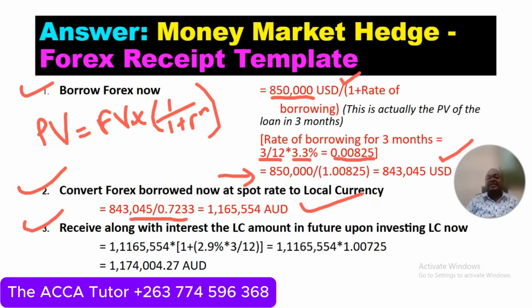What we are simply saying is that we know we're going to receive this amount of 850,000 in US dollars in 3 months, but we need to hedge the adverse exchange rate movements.